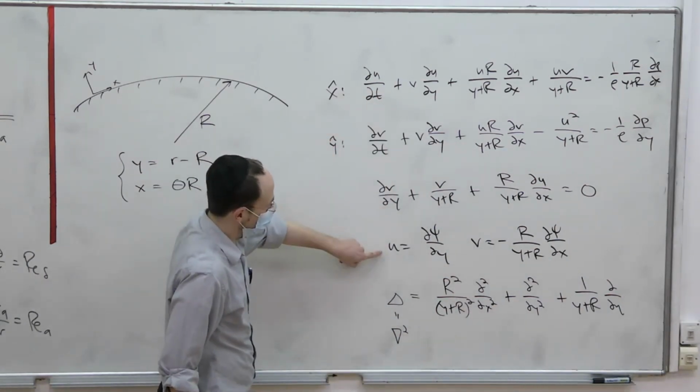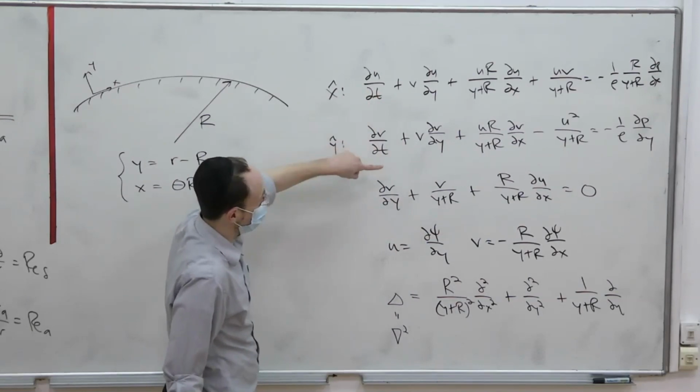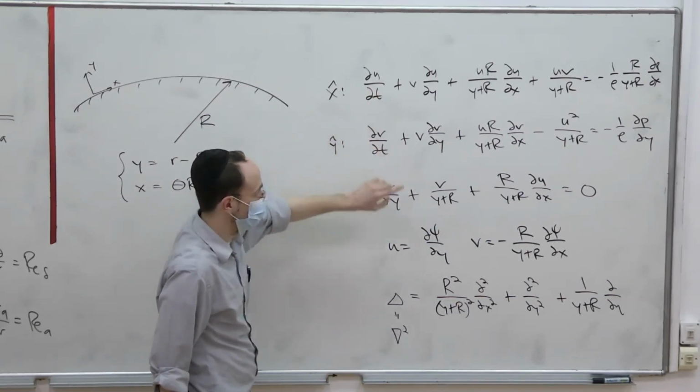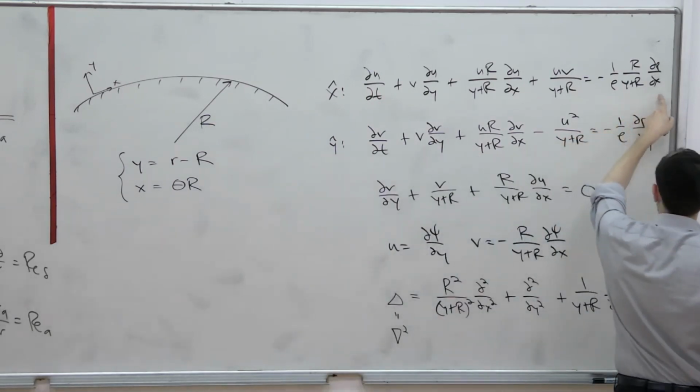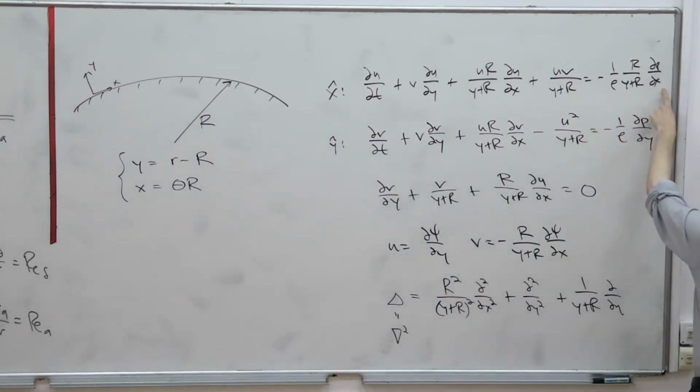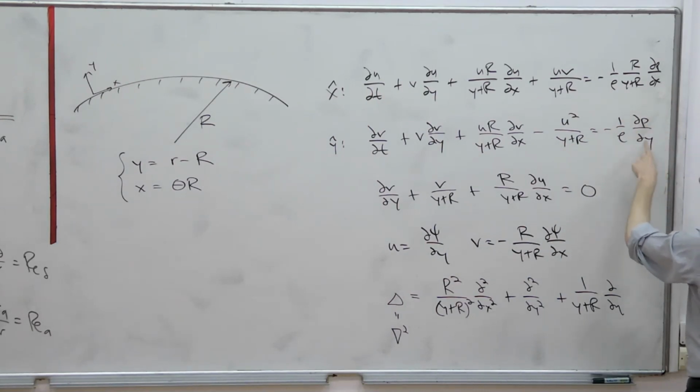And so using this, we can of course rewrite these equations. So I can substitute in my u and v in these two momentum equations. And I'll get two momentum equations that are in terms of psi, but I still have the p dependence. I want to get rid of the pressure gradient terms. So I'll differentiate my x momentum equation by y. I'll differentiate my y momentum equation by x. Now I'll have a d squared p dxdy in both of these.